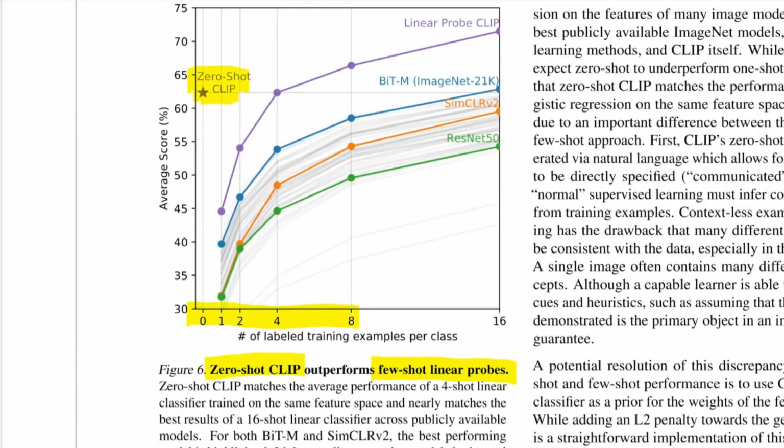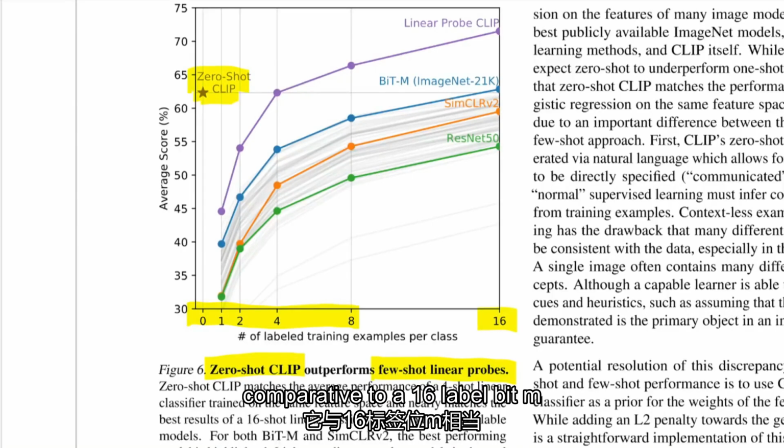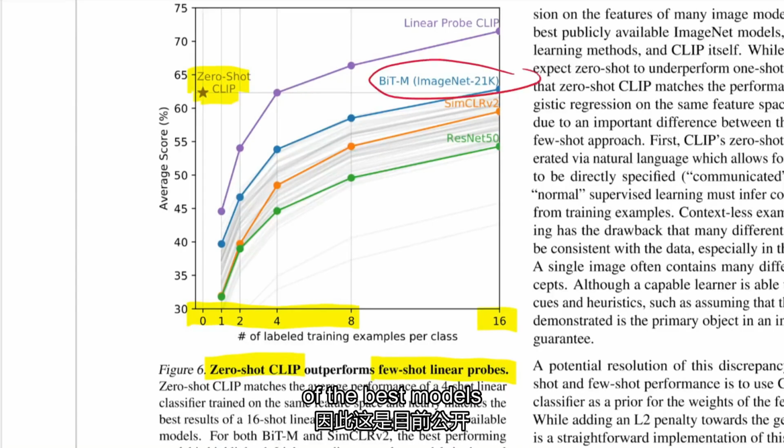In fact, it is comparable to a 16-label BiT-M. This is one of the best models that is currently public and that is doing this transfer learning.